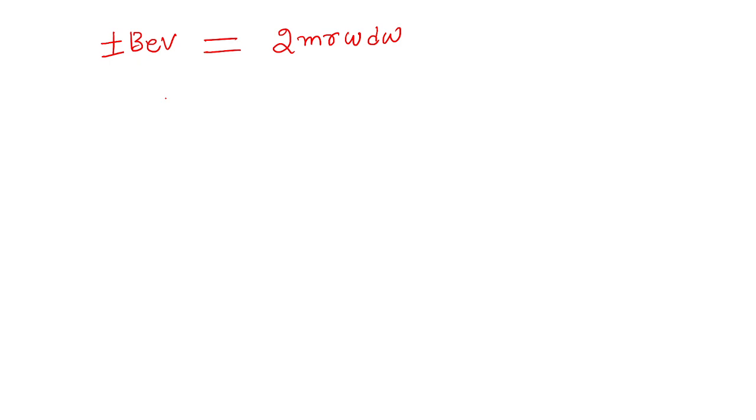Now look here, d omega means the change in the angular velocity that comes out in the atom because of the external magnetic field. Now we can change d omega to d nu, where nu is the frequency. What is the relation between omega and nu? Omega equals 2 pi nu.